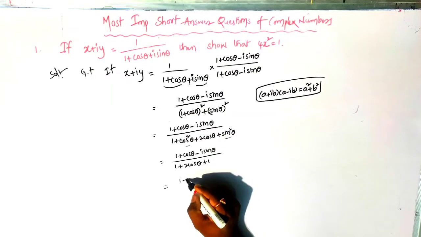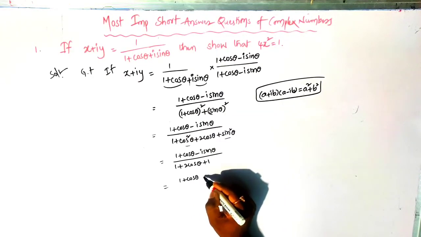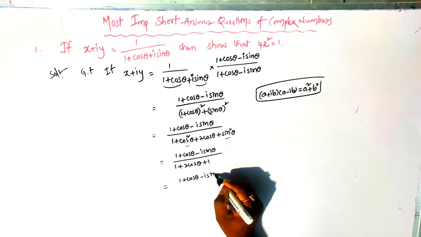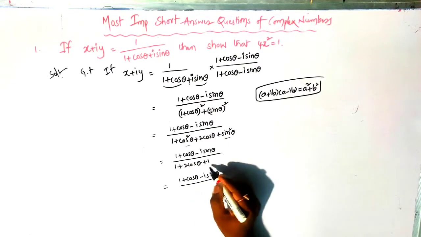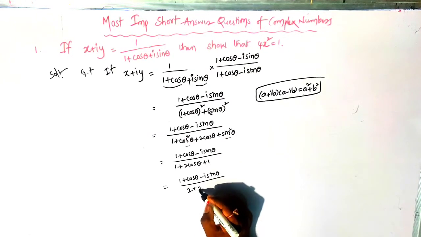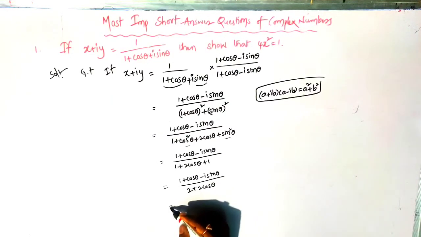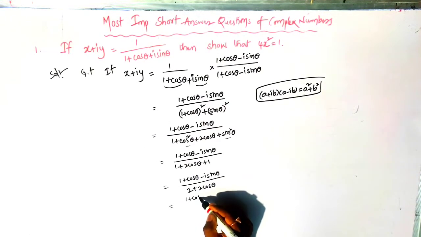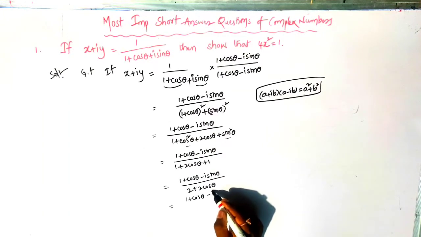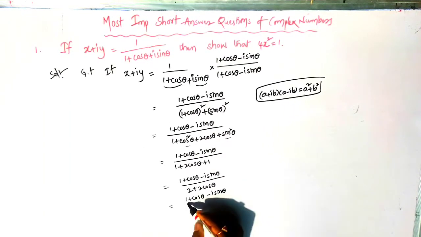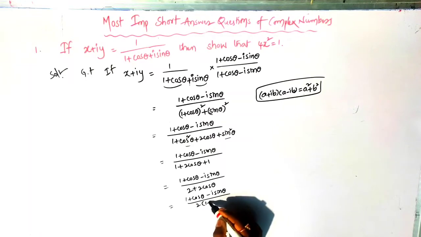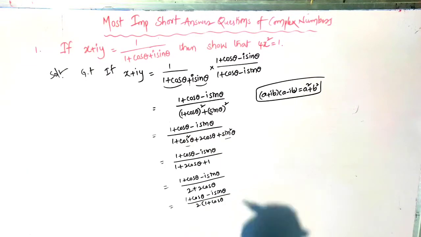So now 1 plus cos theta minus i sin theta as it is, divided by 1 plus 1, which is 2, plus 2 cos theta, we get here. So 1 plus cos theta minus i sin theta divided by 2 of 1 plus cos theta.